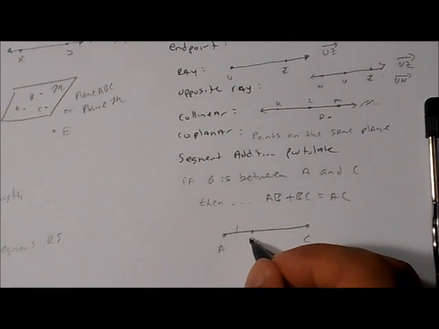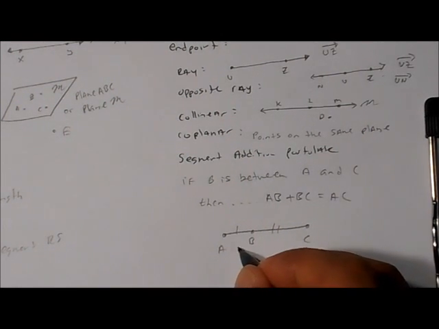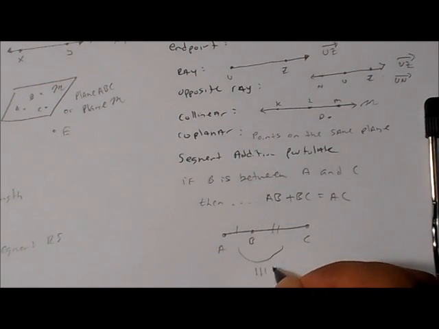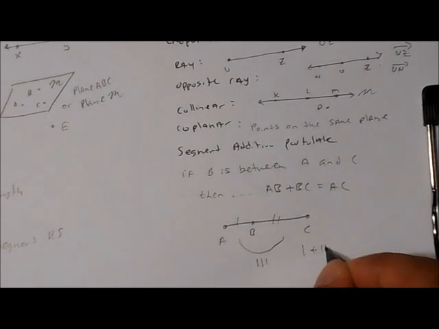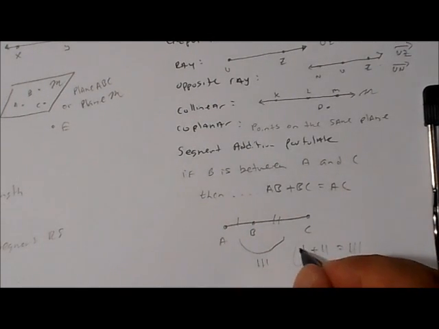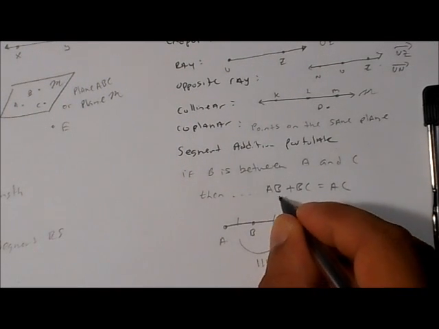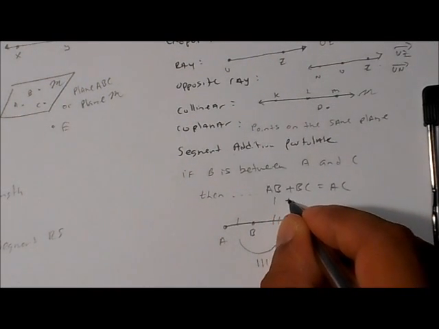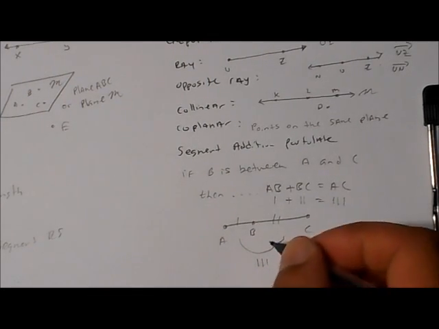So the total length of this is 3 ticks. You can say 1 tick plus 2 ticks gives you 3 ticks. This would be A to B, then the 2 ticks from B to C, and then 3 ticks from A to C. So that's just one way of seeing it.